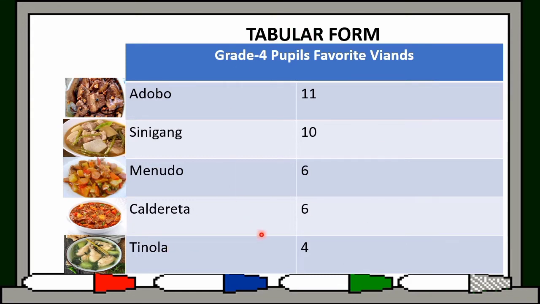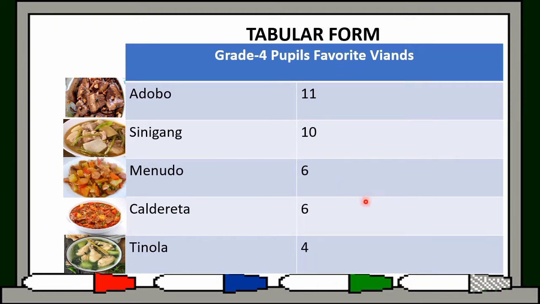Okay, by looking at this tabular form, madedetermine mo kung alin ang pinaka-favorite na ulam ng grade 4 pupils. Tama, ito ay adobo kasi ito yung may pinakamaraming boto. Okay, alin naman ang pinaka-least favorite na ulam ng mga grade 4 pupils? Correct, ito ay tinola kasi ito yung may pinakakaunting boto.